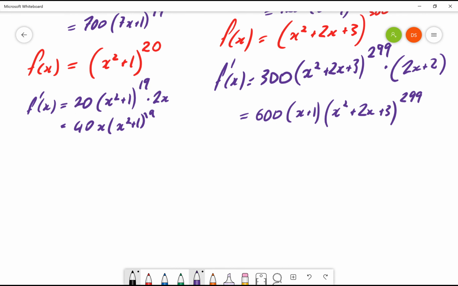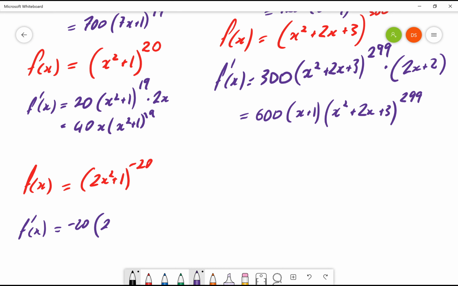So, I don't know. Just try one more. F of x is equal to (2x squared plus 1) to the power of negative 20. What's that going to be? Well, you multiply by the power, so now that you have negative 20 at the front, take 1 off the power, negative 21, and you multiply the derivative of the inside, which is 4x.